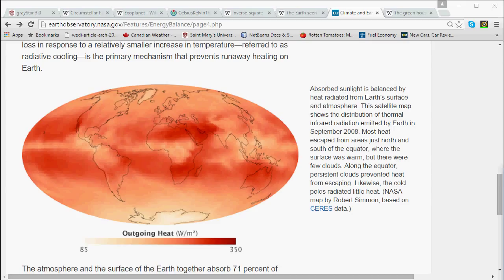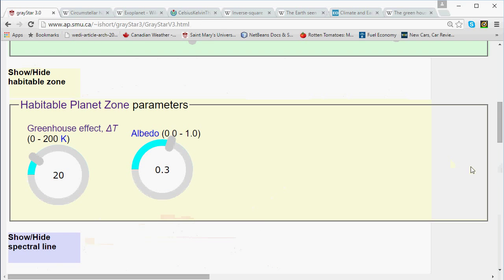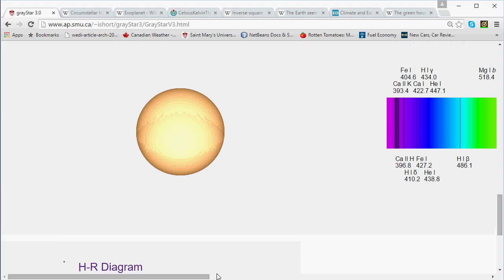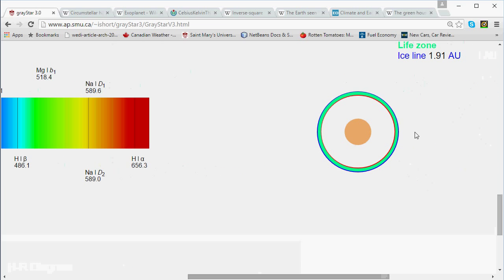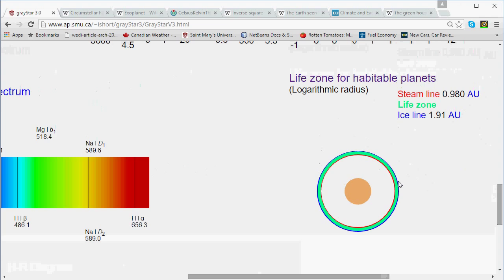That's something we discussed earlier at the beginning of this episode. So we need to turn the logic around and ask, let me go back to the Gray Star 3 output here, what determines the range of distances that the planet must have from the center of the host star in order for the temperature to be in the right range for life to arise, given all these things: the star's luminosity, the planet's albedo, and the planet's greenhouse effect.